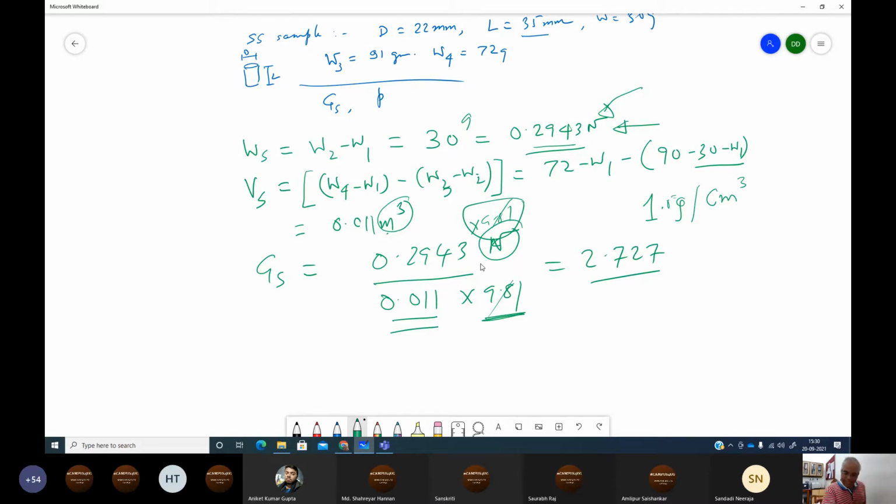So once you know Gs, how do you calculate now the porosity? Or can you find out porosity from here? How have you calculated porosity in your experiment after this?